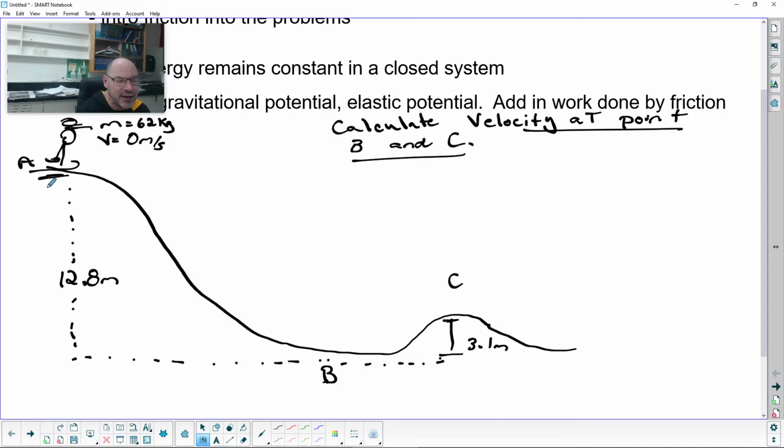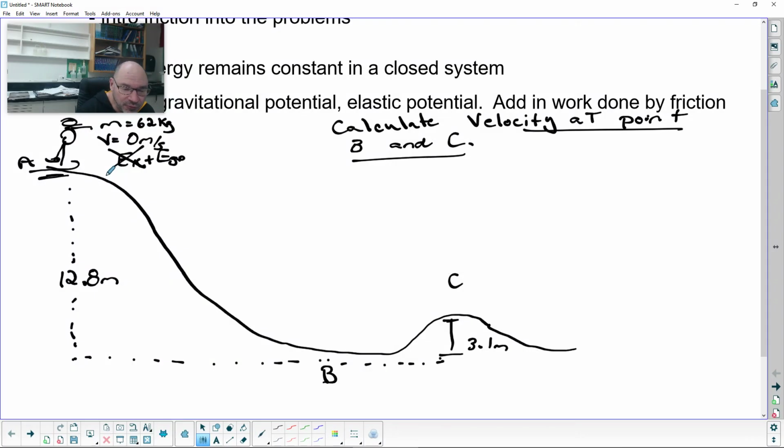We can tell that at point B, he's going to be in a gully, then he's going to lose some energy coming up here to point C, because he's going to give away some energy. So here we have our kinetic energy plus our gravitational energy at point A. If we take a look at the top, there's no velocity, so there's no kinetic energy at the top of the hill.